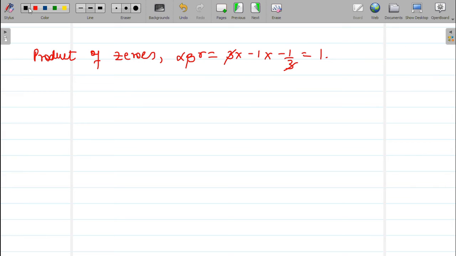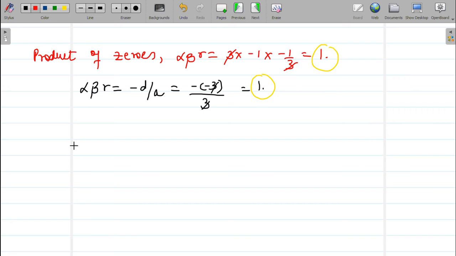If I go by the relationship, alpha beta gamma should be equal to minus d upon a. And if I look for d here in the cubic polynomial, it is minus of minus 3 upon 3. A is 3. So ultimately 1. So again we have these two things same. So we have verified the relationship, hence verified.